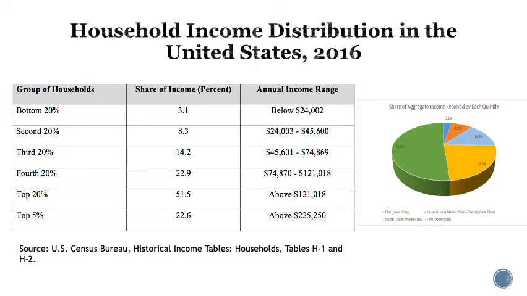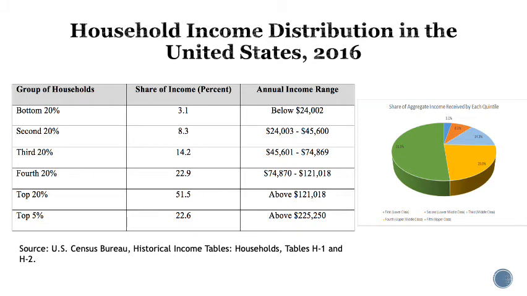Okay, so first we will talk about the first approach of measuring income inequality, which is thinking about these income shares. The table here presents the distribution of household income in the United States in 2016, and the data is arranged in order of income and the share of the total income that accrues to each 20 percent of individuals, which are also known as quintiles.